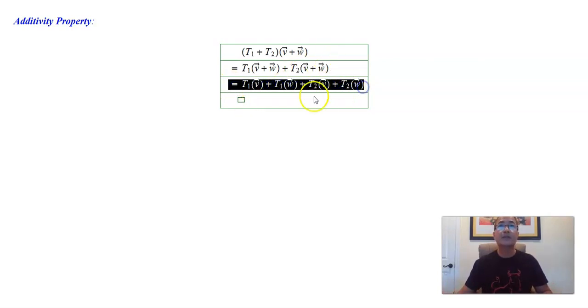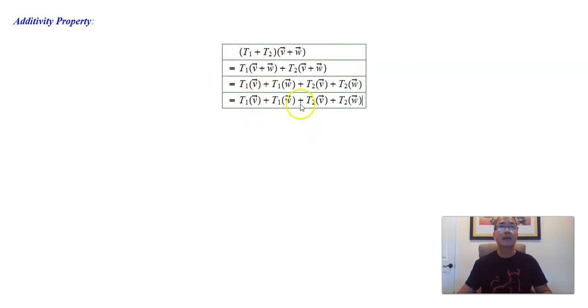Let's rearrange the furniture. So we have these four terms, and we are just going to switch. We are going to bring the terms containing V closer to each other. And of course, in so doing, the terms containing W are also closer to each other, right next to each other. Well, what have we got here? This is T1 of V plus T2 of V. But the definition works both ways.